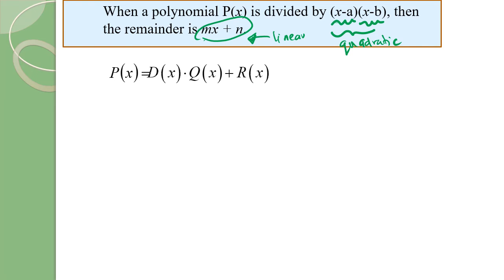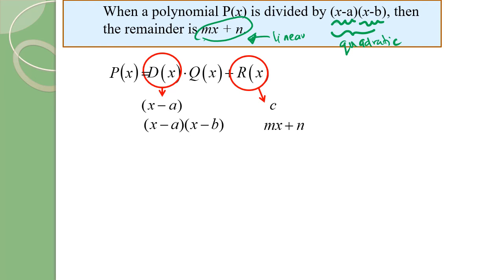P(x) equals D(x) multiplied by Q(x) plus R(x), right? So if D(x) equals x minus a, we have a remainder that is a constant. But if the divisor D(x) equals (x minus a)(x minus b), which is a quadratic, we will have a remainder of mx plus n.